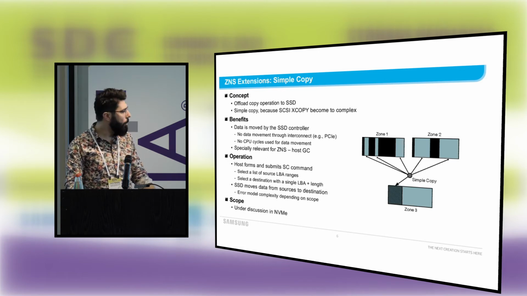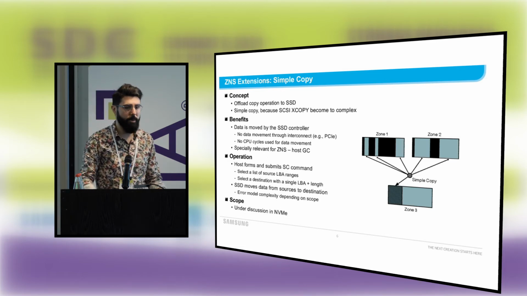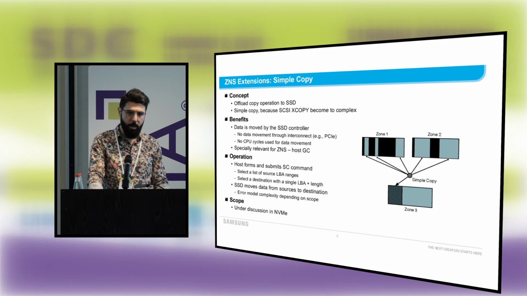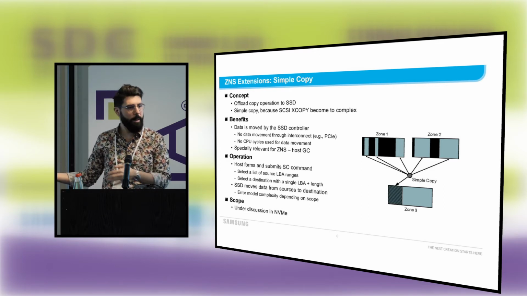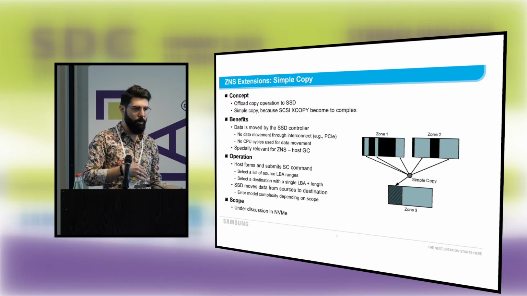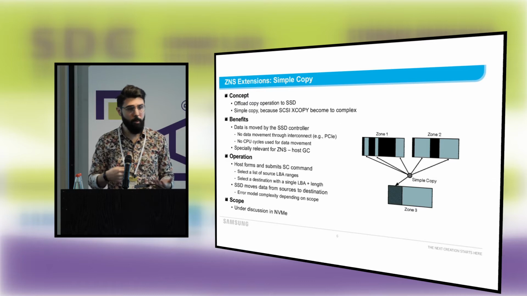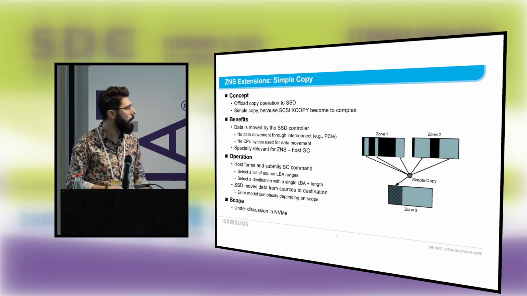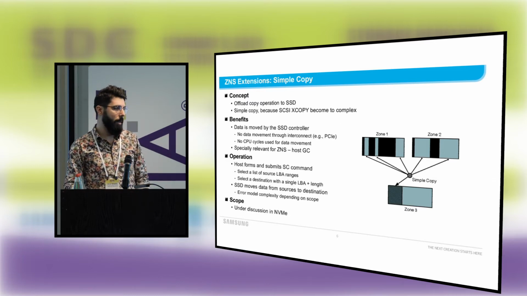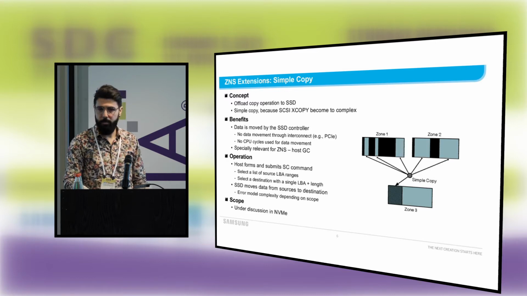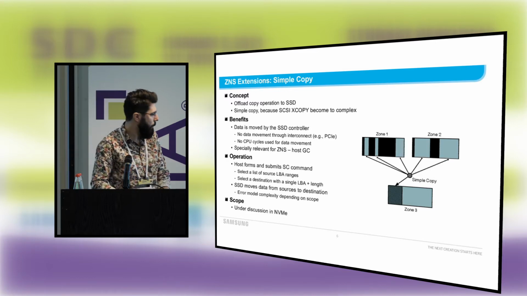I know that some people really want to see this across different devices, especially people doing computational storage, because you probably want to go through your NIC and then copy data all the way to your SSD without going through the CPU. There are many people also doing work in that space, but it's not the way the first TP is going to NVMe. But I'm sure at some point it's going to happen.